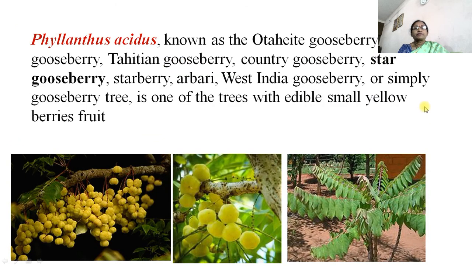Then Phyllanthus acidus, known as Otaheite gooseberry. It is like amla, but it is not actually amla. It is rich in vitamin C, and these fruits are edible.